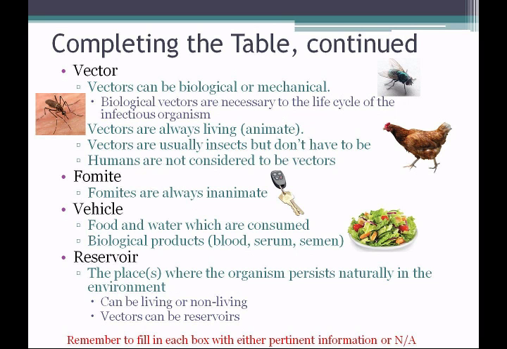Finally, there's a reservoir. The reservoir is the place where the organism persists naturally in the environment. Reservoirs can be living or they can be non-living. Humans can be reservoirs. For example, syphilis is a disease only of humans, and therefore the reservoir for syphilis is humans. Vectors can also be reservoirs. For example, with malaria.